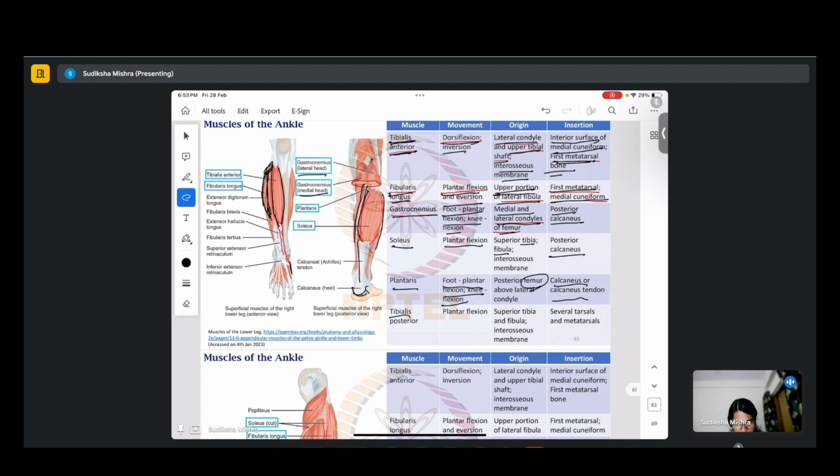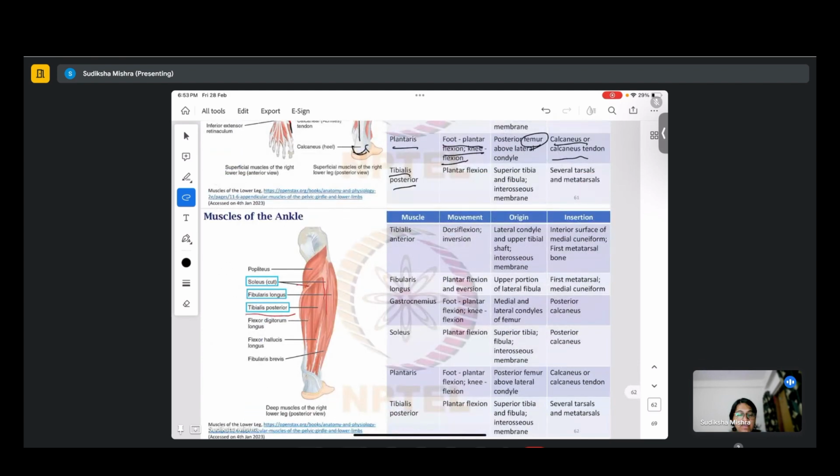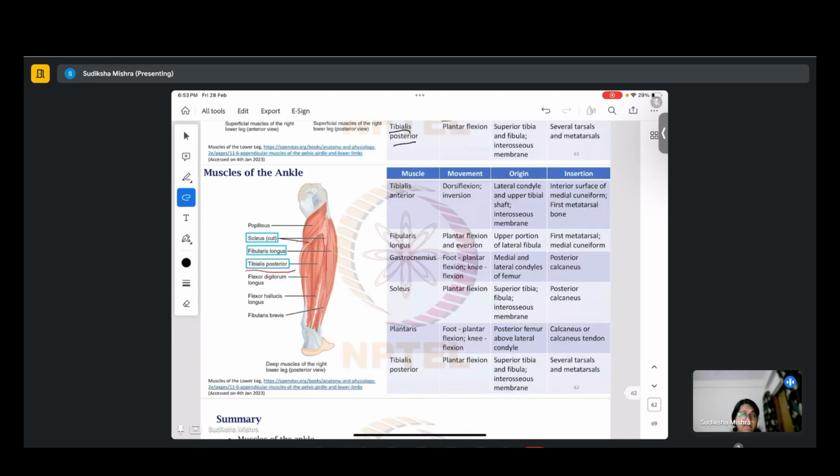Next is the tibialis posterior. So the first one that you saw is here. The tibialis posterior is a relatively deep muscle, and you can see that it's this one.